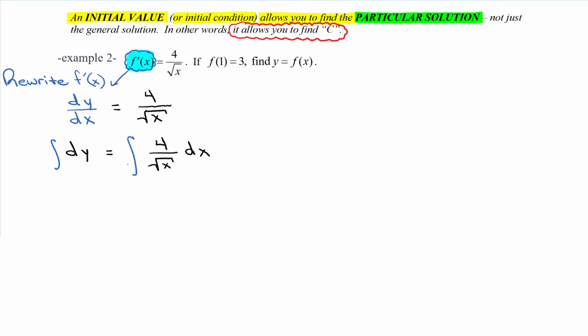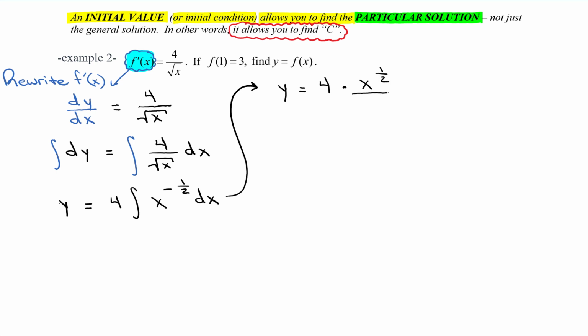Now we will integrate both sides of the equal sign. The integral of dy is y, and this is going to be equal to the integral of 4 divided by the square root of x dx, which is 4 times the integral of x raised to the negative 1/2 power dx. Now we will have y equals 4 times x raised to the 1/2 power divided by 1/2, plus c.